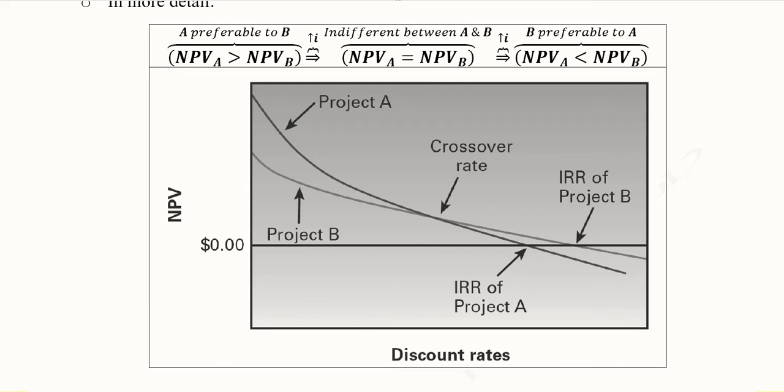This is that stream that we are considering. We are not considering the whole of the stream away from the origin, only what is between these two lines. So this is that point where the difference of the two NPVs will be equal to 0. If we can calculate the difference and then calculate the discount rate at this point, it will be equal to the IRR methodology, and it will be equal to the crossover discount rate.